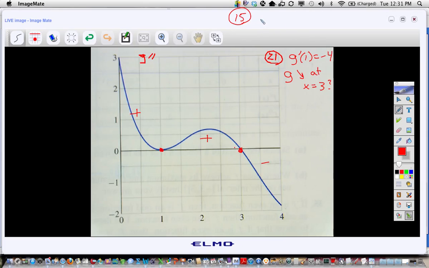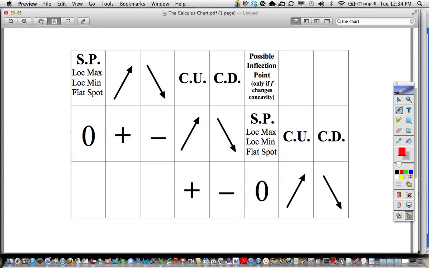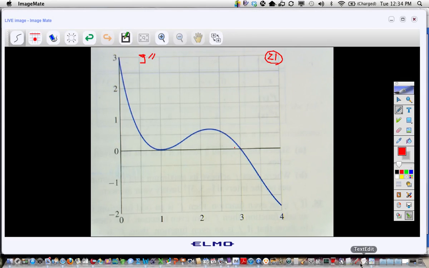Okay, so 15 says what? G concave up. So according to the chart, G is concave up when G double prime is positive. Okay, so I'm looking here at from 0 to 3, and it is okay to include the 1 there.